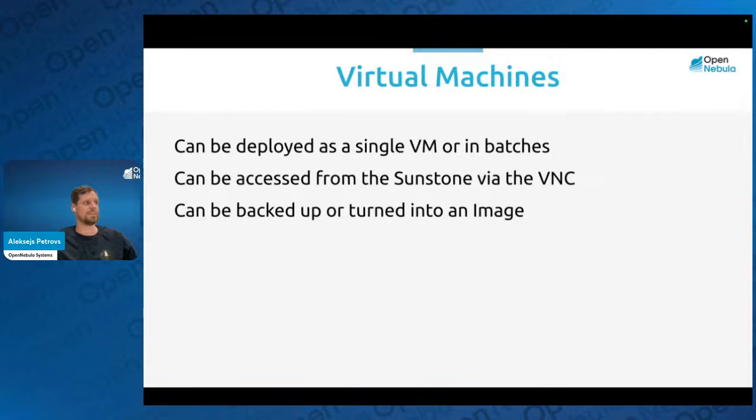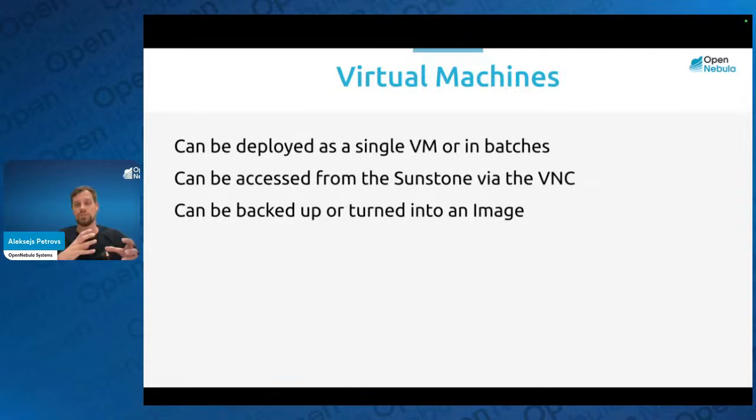Now, what is important about this? Please note that the image functionality, or the backing up and restore functionality, is dependent on multiple things. So first thing is the virtualization that you're running. Second thing is the storage that you have.